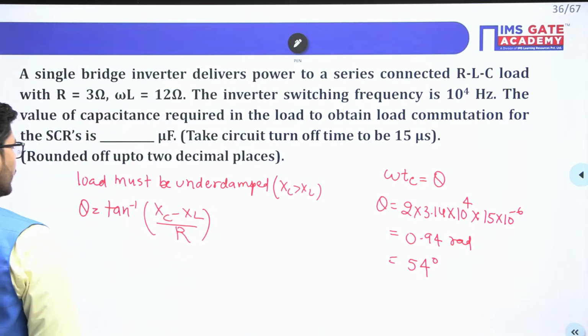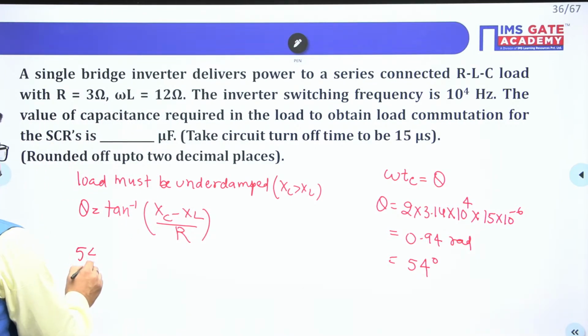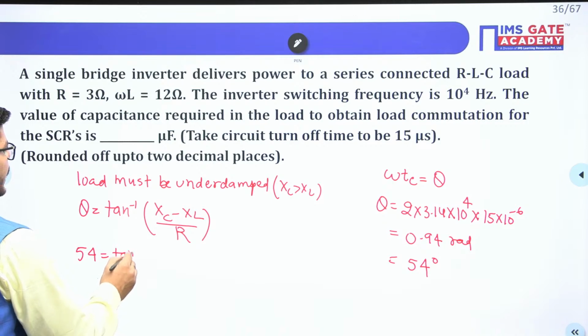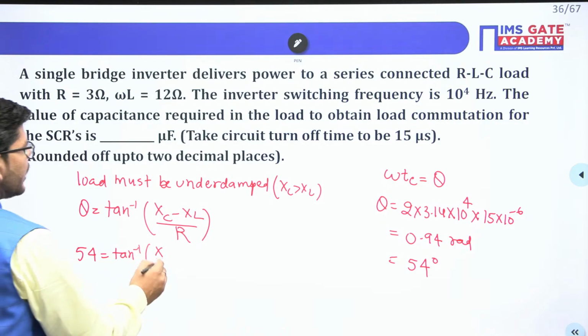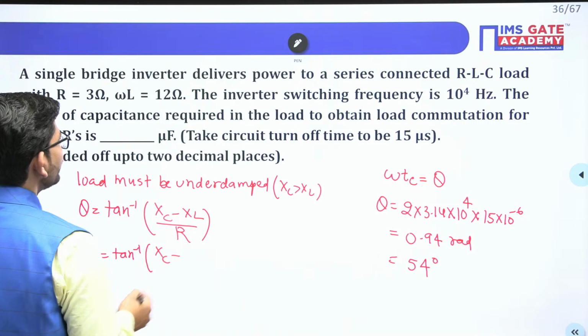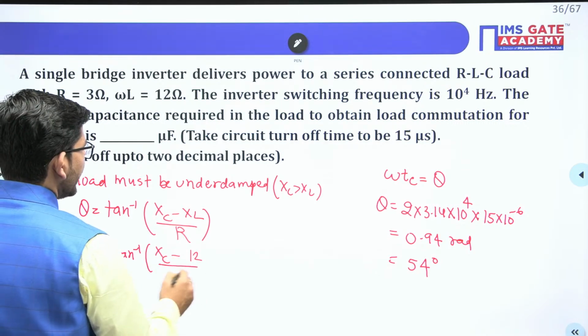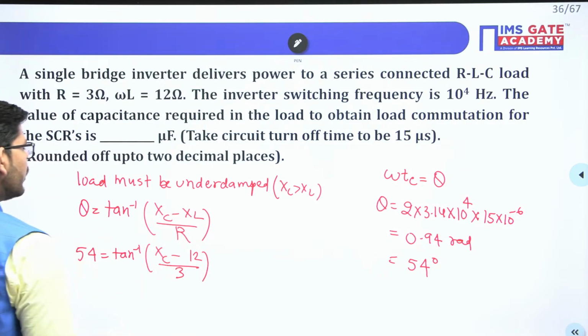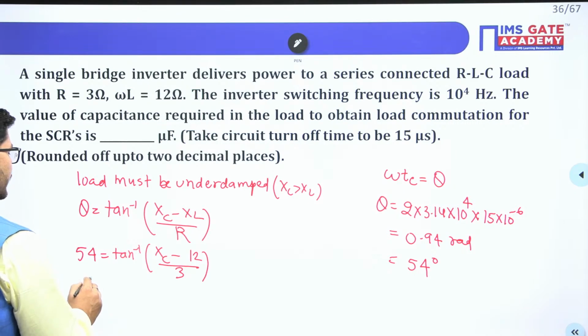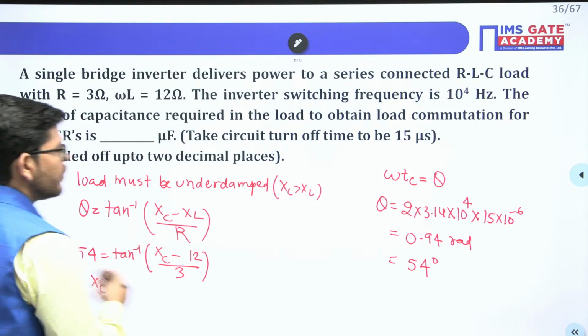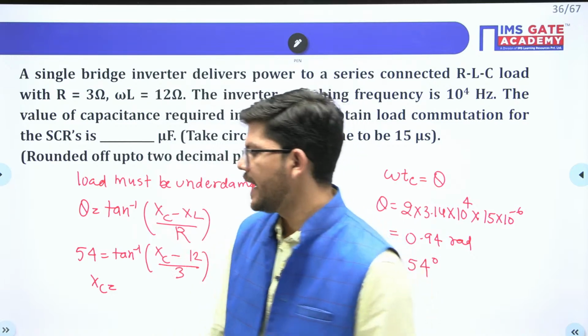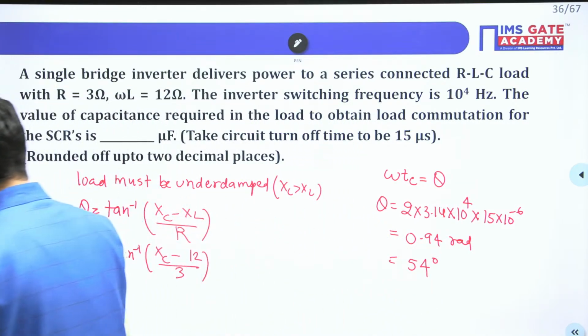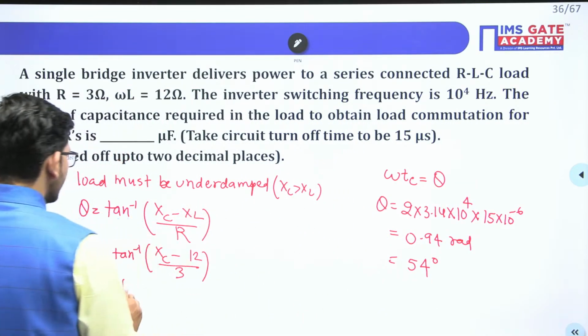When you put 54 here, tan inverse of Xc minus XL upon R, we have to calculate. XL, that is omega L, is given to us as 12 and R is 3. So the only unknown thing here is Xc. If you calculate from this expression, Xc will be 16.11.